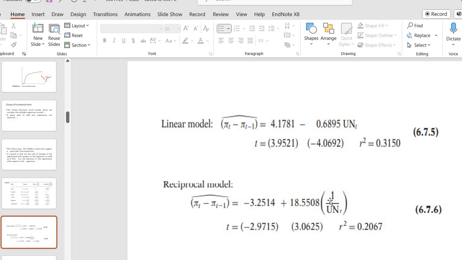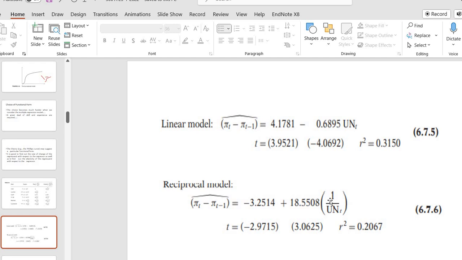In the second equation, it is also by virtue of the type of model, since unemployment is given as a reciprocal, so the positive sign is actually right here. It shows that any increase in unemployment is going to reduce inflation. So as far as sign is concerned, both models are true.